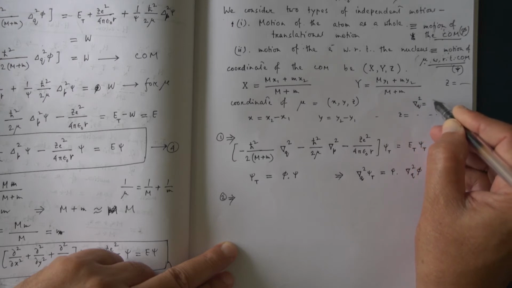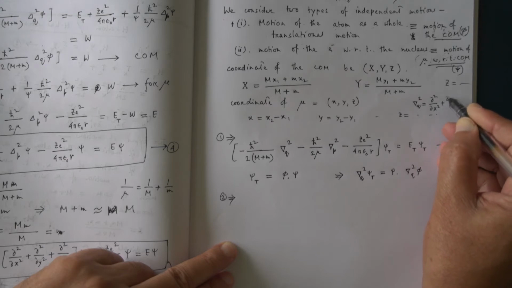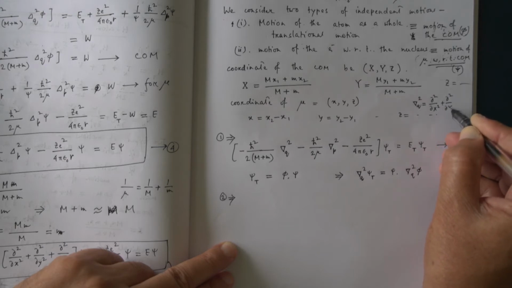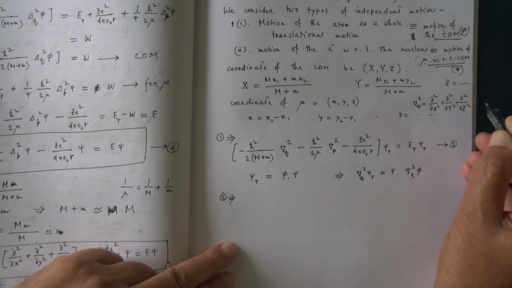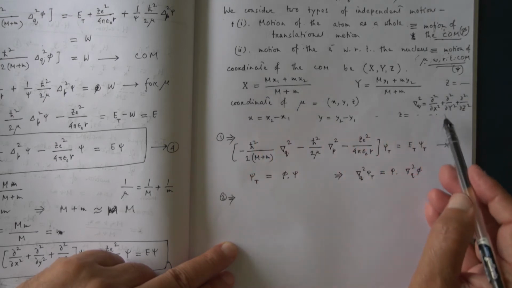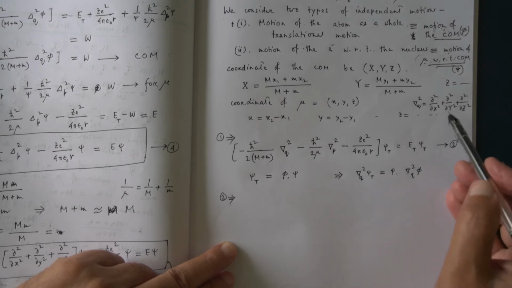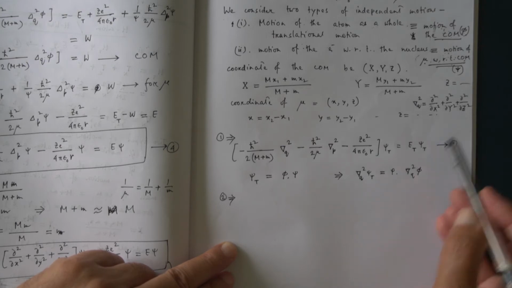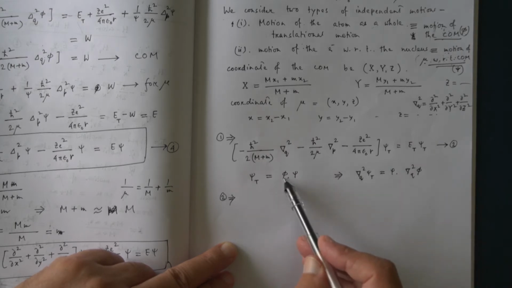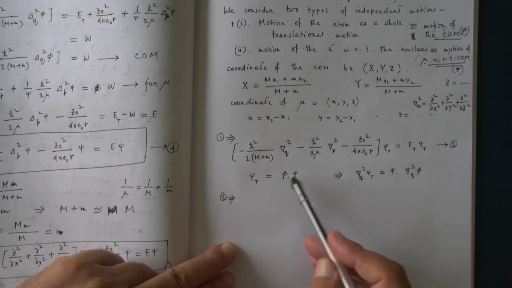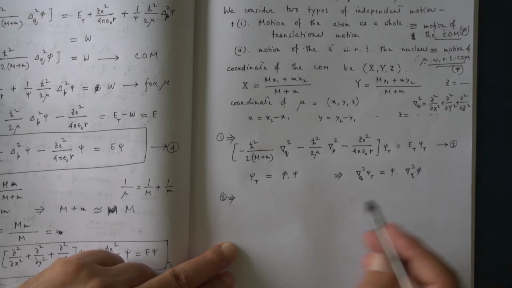That is equal to del 2 del capital X square plus del 2 del capital Y square plus del 2 del capital Z square, where X, Y, Z is the center of mass. So we are differentiating with respect to capital X, capital Y, capital Z. And since this is independent of mu, it is constant, so we get this.